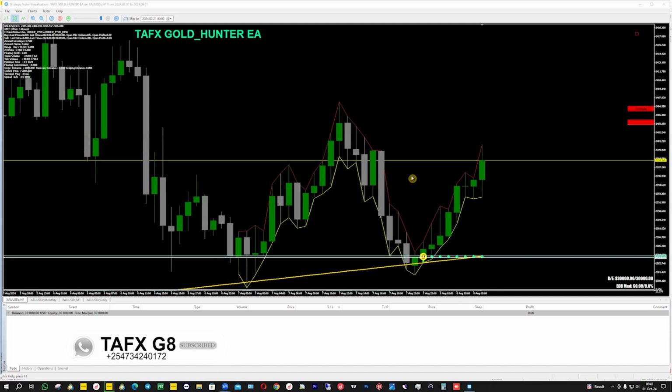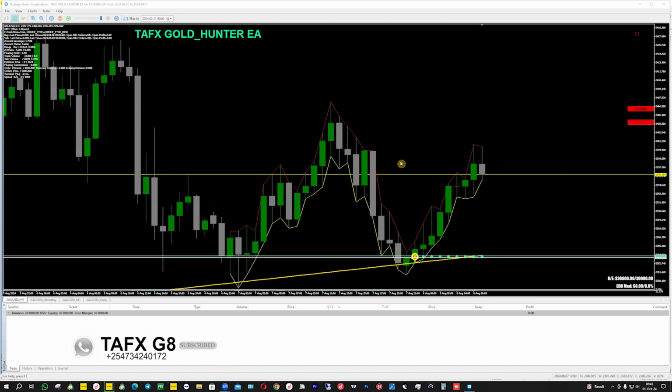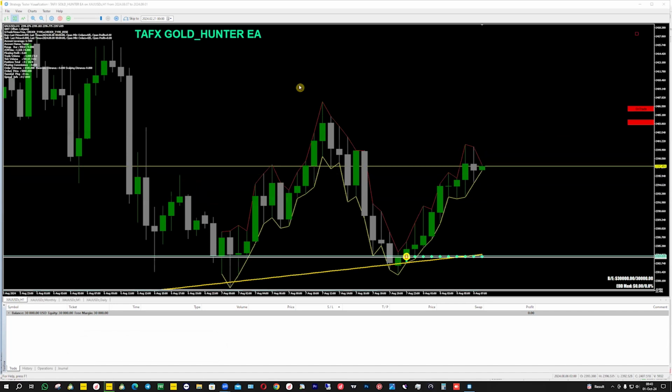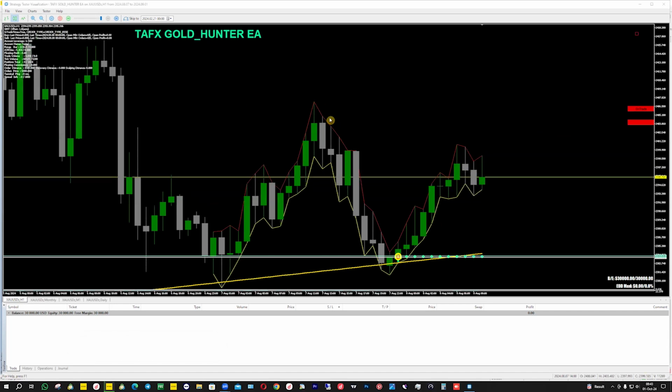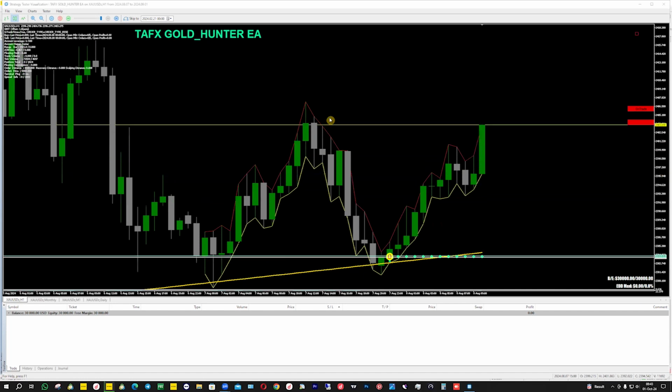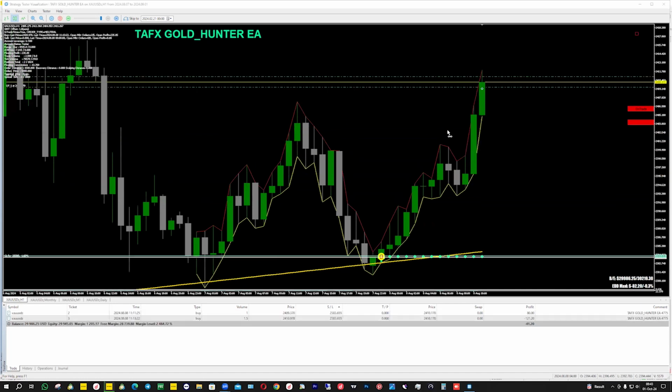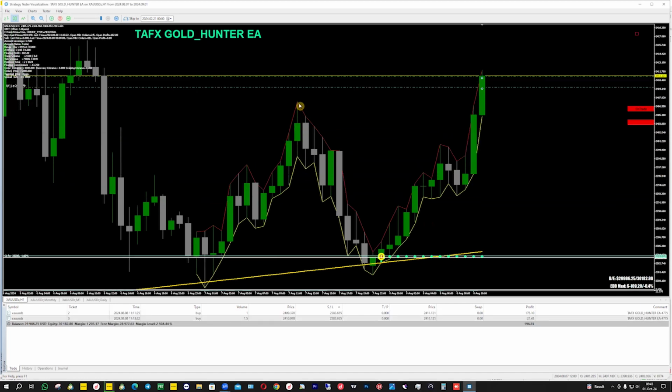All right, so don't forget that it will take the position after taking out the major inducement that you have been struggling to identify. Then the system can detect it, so you don't have to struggle in the Forex market.